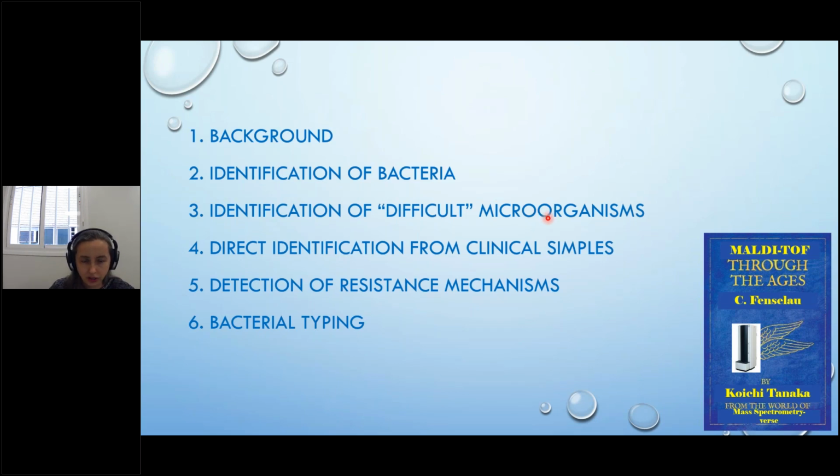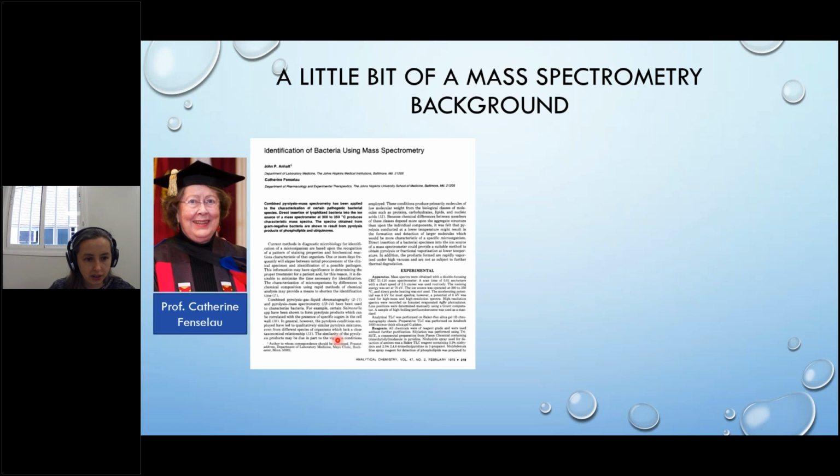I'll elaborate later what I mean by difficult microorganisms, and then I'll talk about how MALDI-TOF was applied to direct identification of pathogens from clinical samples, the detection of different resistance mechanisms, and bacterial typing. I'll just talk briefly about each of the topics, because real experts will elaborate on these topics later.